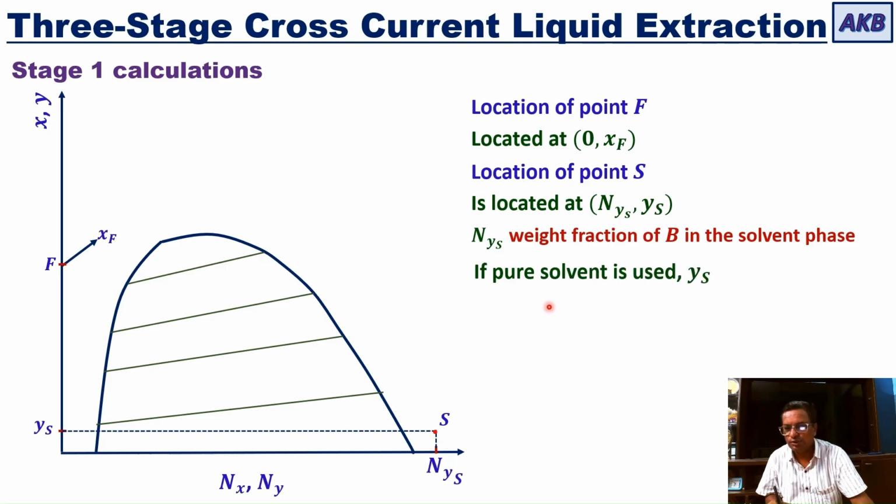If you are using pure solvent, then YS will be 0. That is, there will be no solute in it, and there will be only pure B in it.